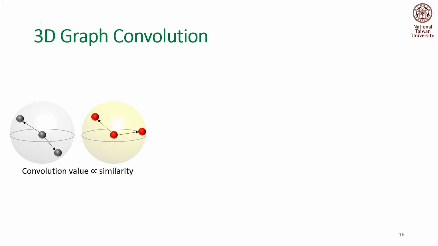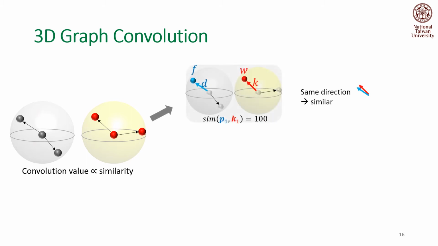Now we have defined the receptive field and the kernel. The next question is how to define the 3D graph convolution. The convolution value depends on the similarity between every pair of the neighbor node in the receptive field and the kernel support in the kernel. Now we consider this simple case.